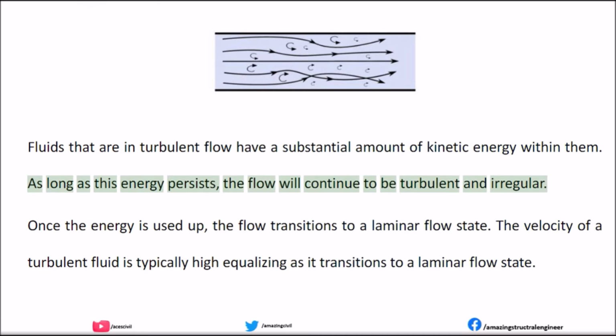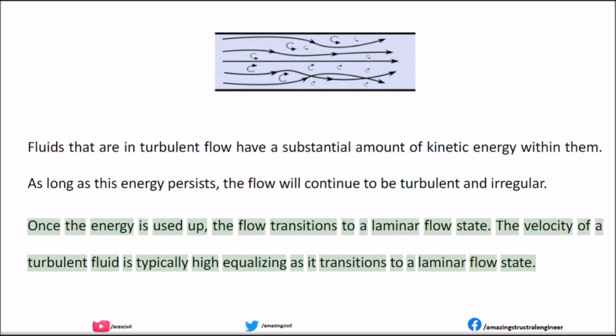As long as this energy persists, the flow will continue to be turbulent and irregular. Once the energy is used up, the flow transitions to a laminar flow state. The velocity of a turbulent fluid is typically high, equalizing as it transitions to a laminar flow state.